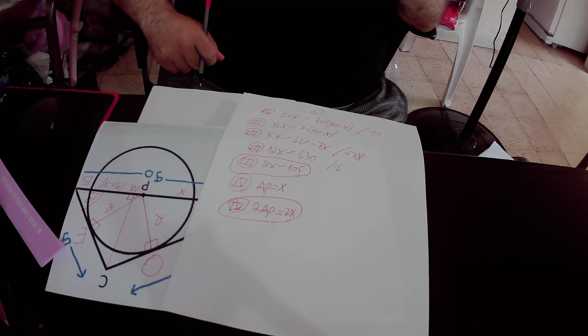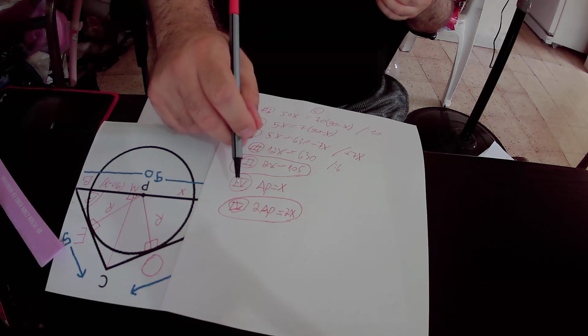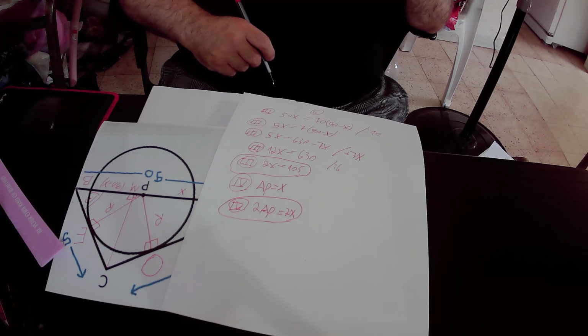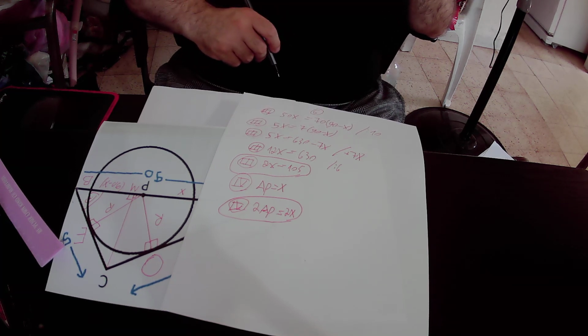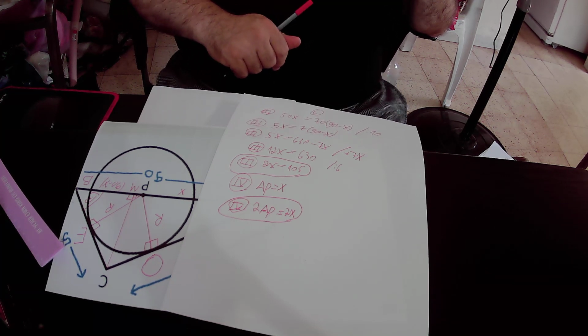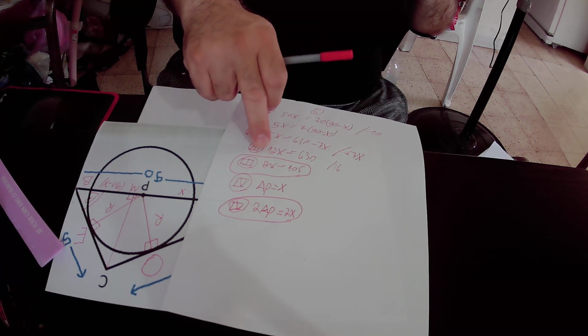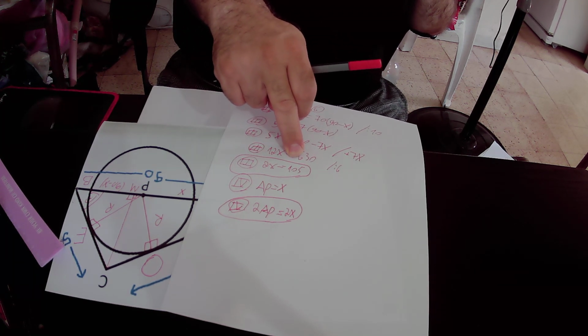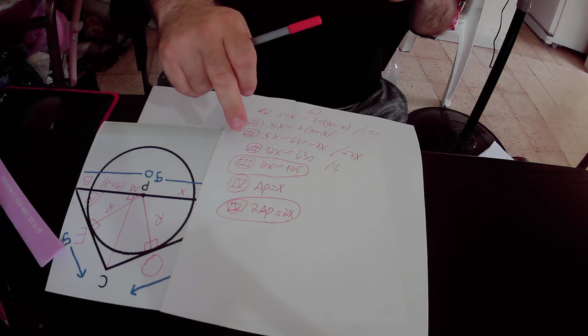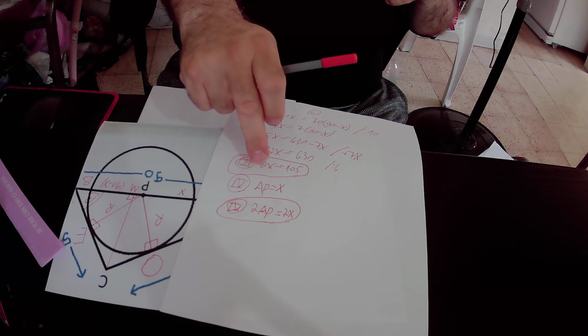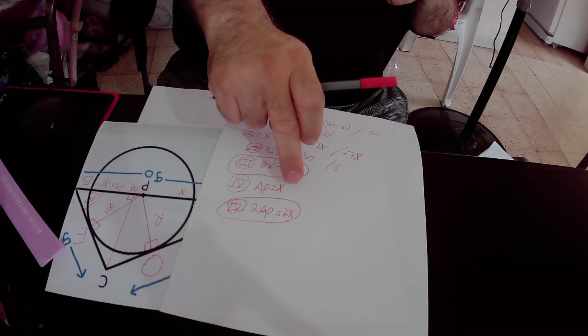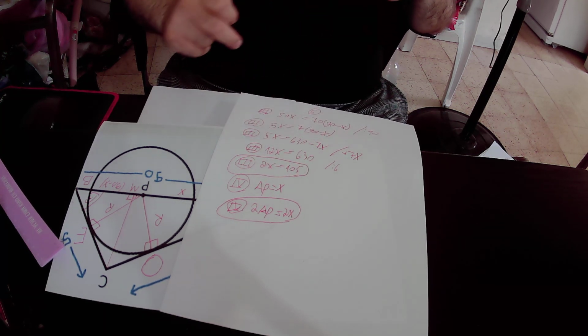Now we will combine equations 3 and 4 together by creating the fifth equation. We can say that 2 times x equals 105 from the third equation, but from the fourth equation we also know that 2 times x equals 2 times AP.